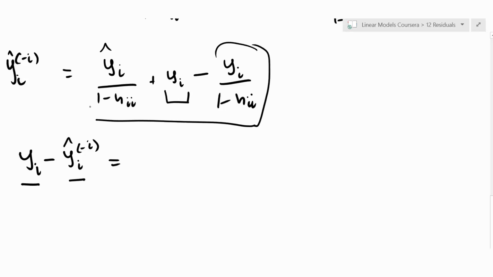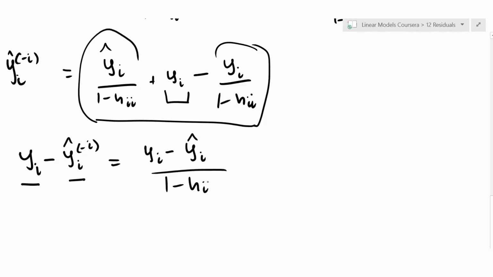It works out to be y_i minus ŷ_i over 1 minus h_ii. Kind of a startling result, or we could just call it the ith residual over 1 minus the ith hat diagonal.